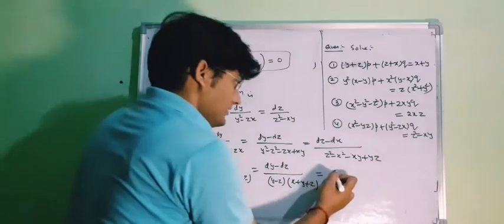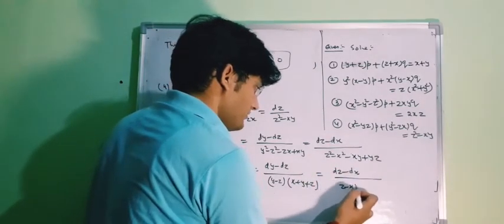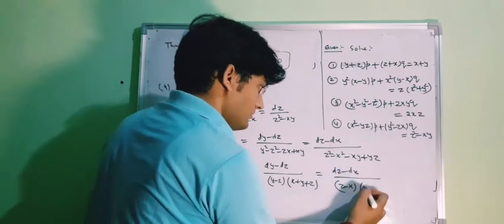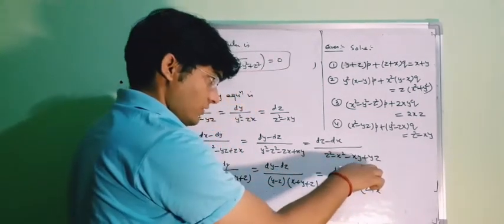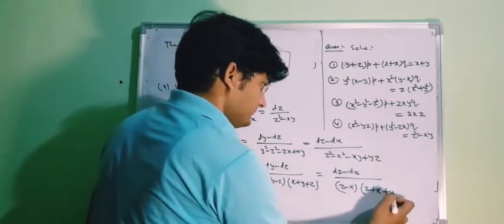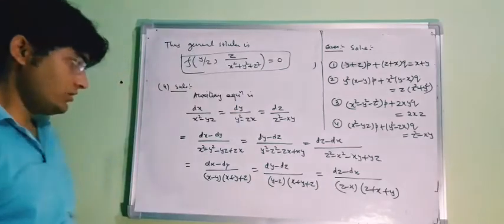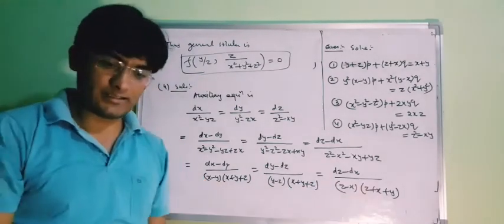Now at this place we will have dz minus dx, then this will be your z minus x. Now in the bracket we will have z plus x, then if you take common y here, then we will get y. So now you can see that in all these three terms our x plus y plus z is cancelled.